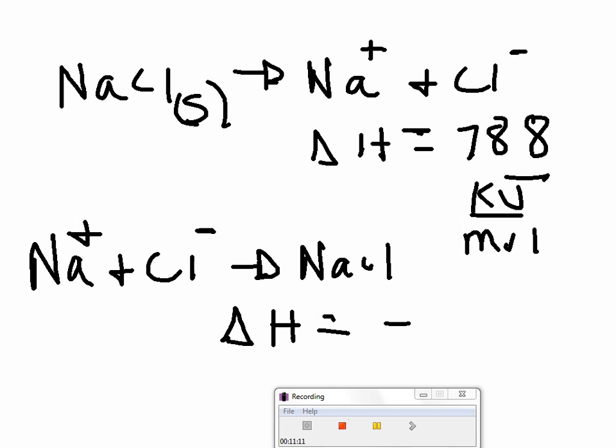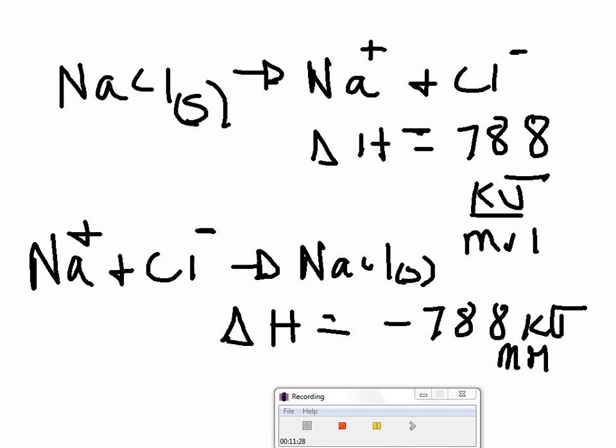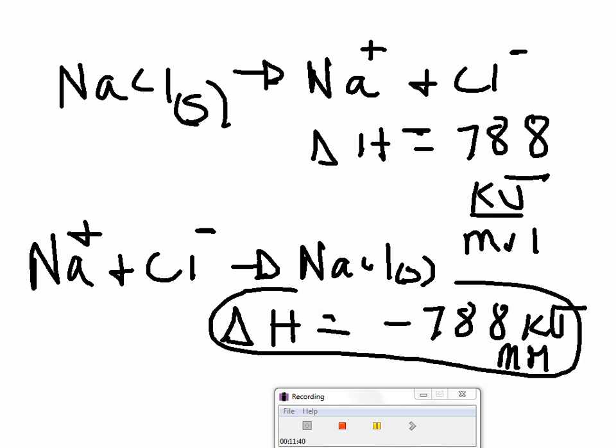So this is negative 788 kilojoules per mole. Now we get our big exothermic. Lattice energy is the energy released when we take two ions and form the solid. And again, this takes into consideration the size of the sodium being small, the distances, and the overall charge. So this is how we get this reaction to end up being exothermic.